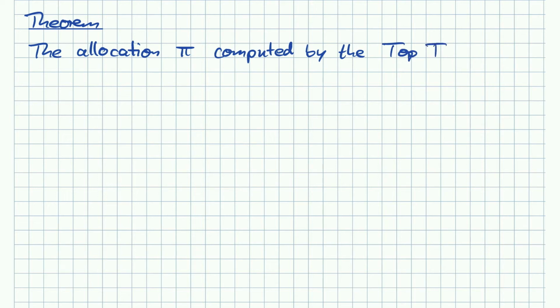Namely, the allocation pi computed by the top trading cycles algorithm is the unique stable allocation.